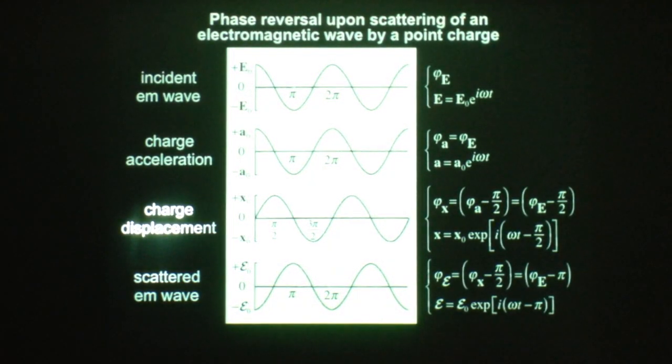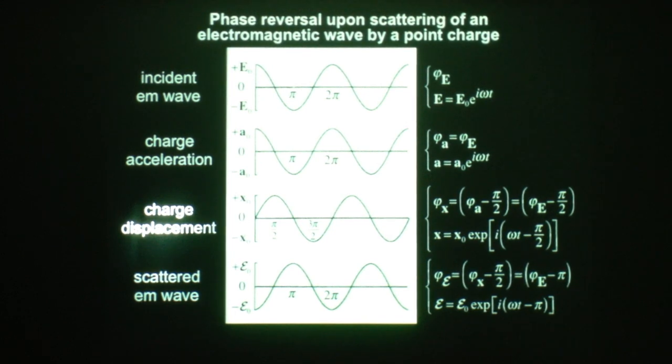Now, the other thing to think about for a moment is this notion of the phase reversal. That is, the electric vector of the scattered radiation is anti-parallel to the perpendicular component of the charge acceleration.